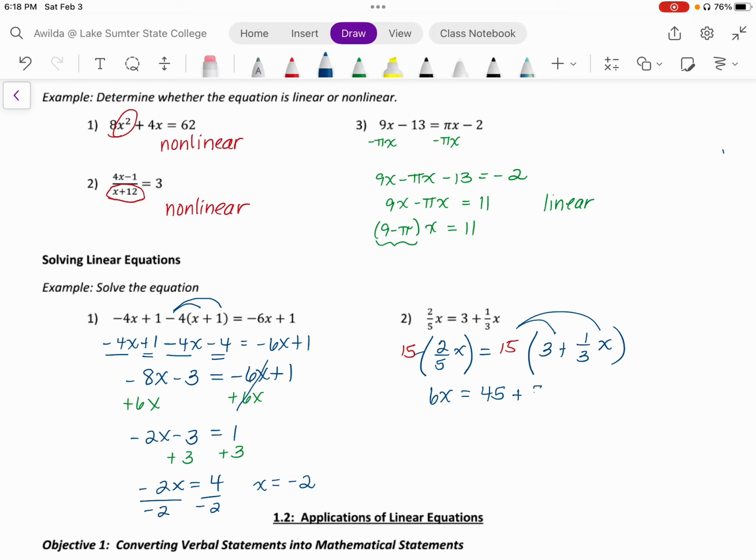So that coefficient now becomes a 5. Looks like we only have one step to go, and that is to group the x terms together on the left-hand side is more convenient in this case. So by subtracting 5x from both sides, look what happens. We get x on the left, 45 on the right, and that becomes our solution.